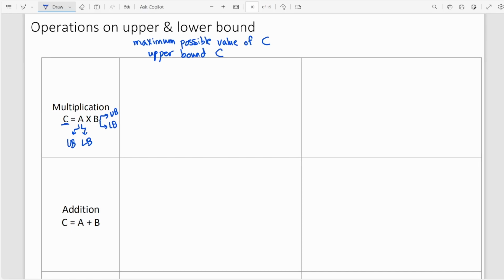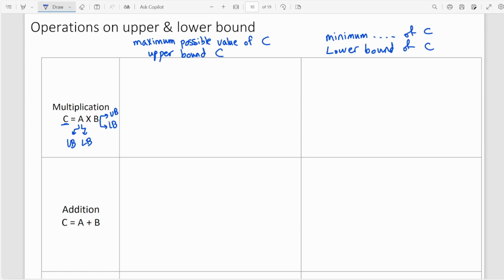And let's say over here you always want to find the minimum possible value of C, or the lower bound of C. Once again, the lower bound and the minimum of C are terms that we use interchangeably. Okay? Now, let's take a look here.